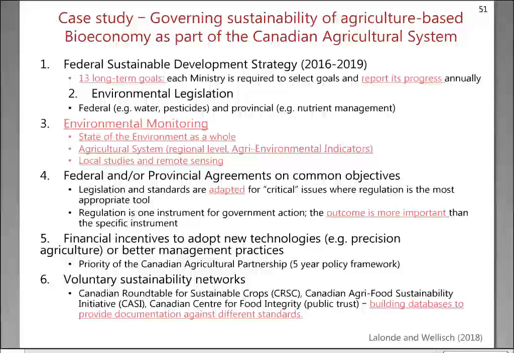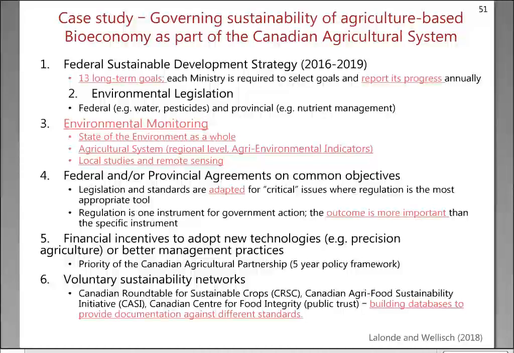It was another surprise that we can see that such data are also being collected for agricultural systems, for example in Canada here, where 13 long-term goals have been set for sustainable development, and there is reporting against these goals, and environmental monitoring at different levels taking place.